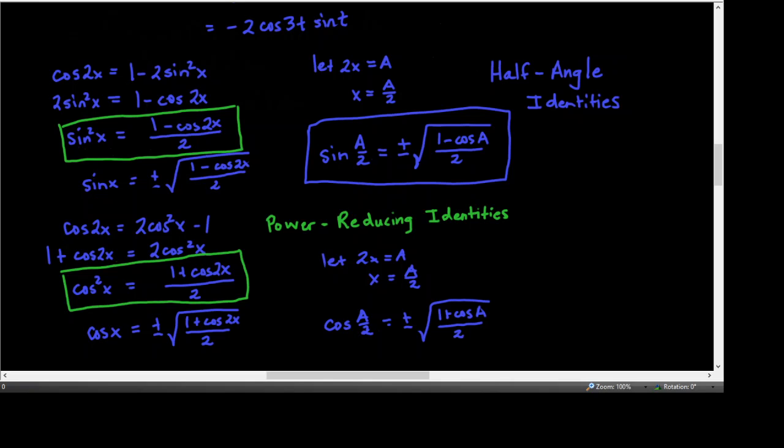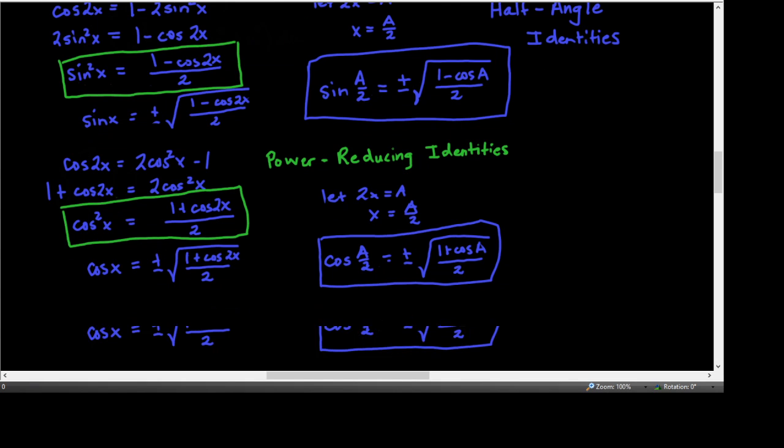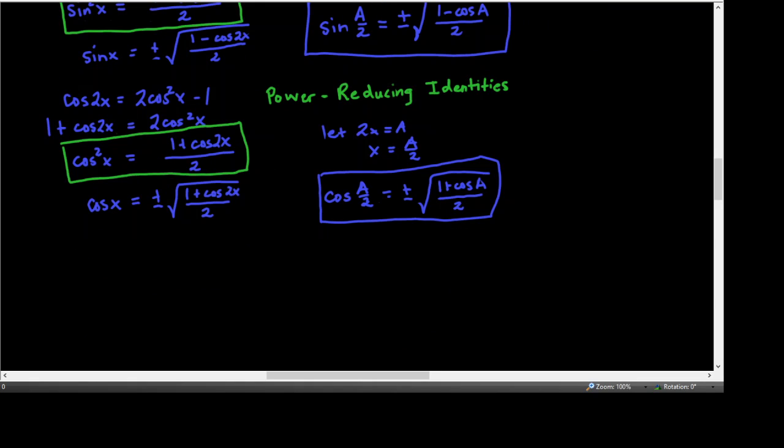Now you might notice that those two identities are almost the same. The only difference is a little subtraction or a little addition in the numerator under that radical. So that's the half-angle identity for sine, boxed in blue, and the half-angle identity for cosine.